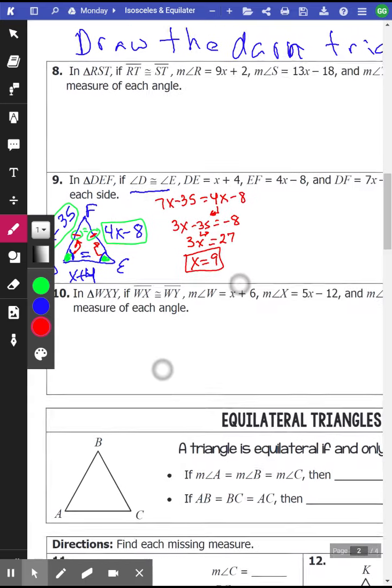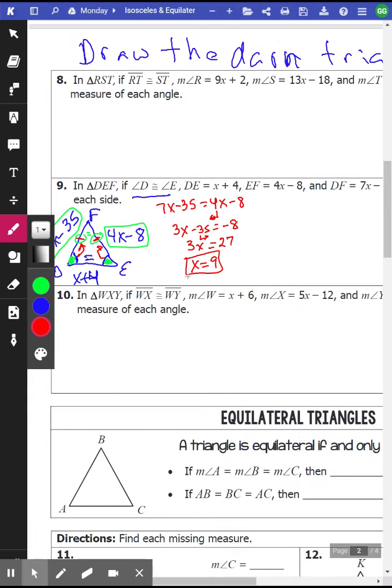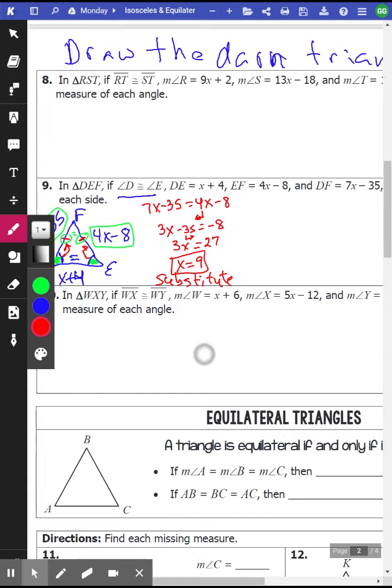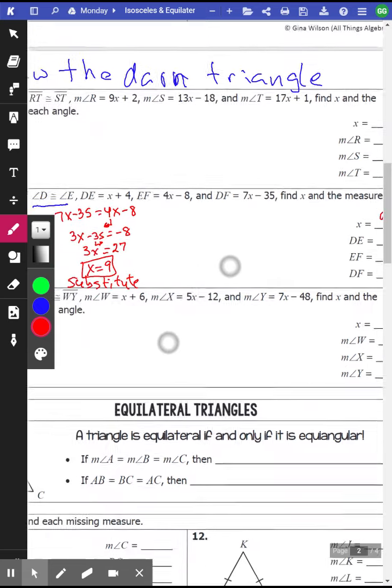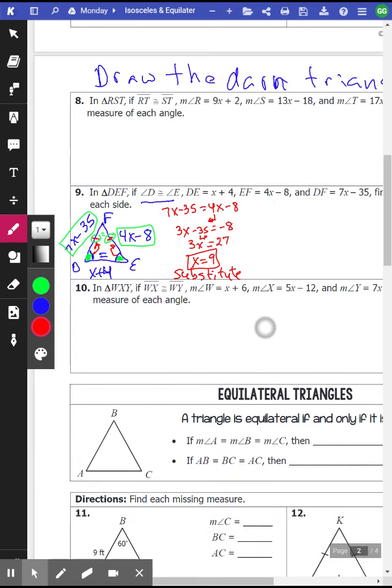All right. They want the measure of each side, so I'm just going to substitute. X equals 9. Put that there. First one they want is D to E. So D to E is equal to x plus 4, which is really 9 plus 4.